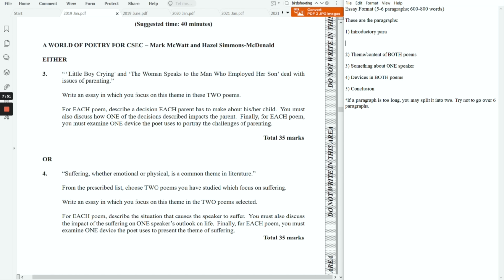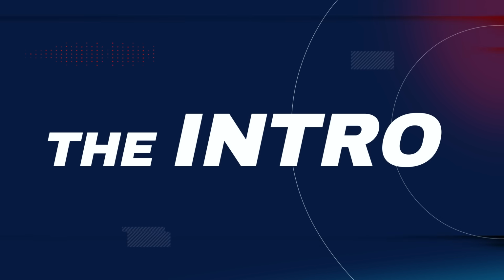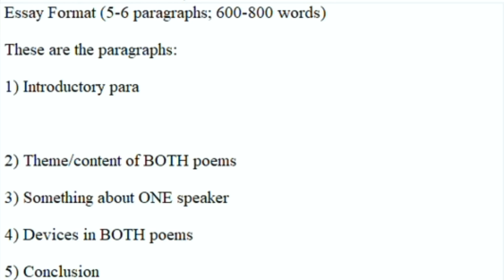Now, how do you write a perfect intro? What does it mean to write a perfect intro? Let's look into that. And then we'll actually get to work on the essay. Intro paragraph is going to be, let's say 5 to 7 sentences.